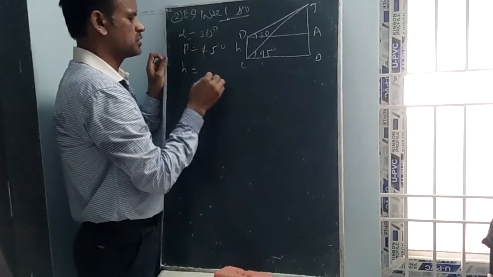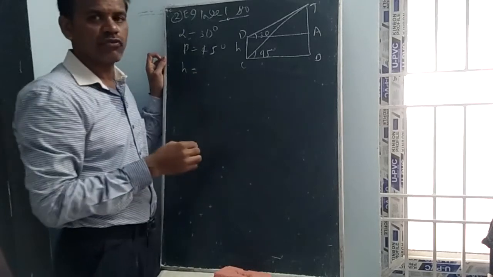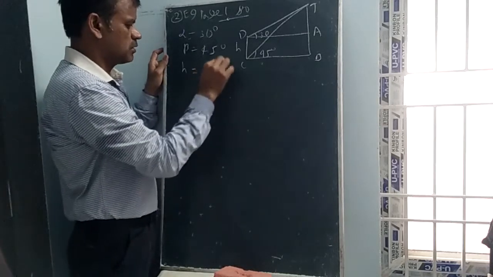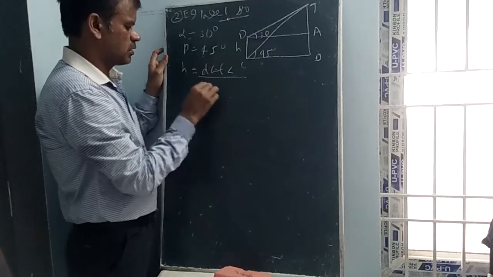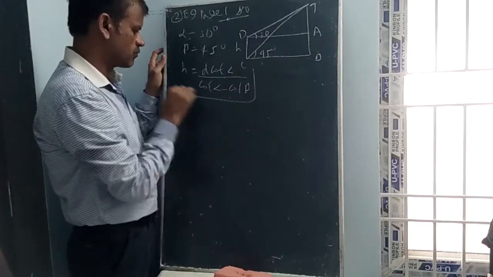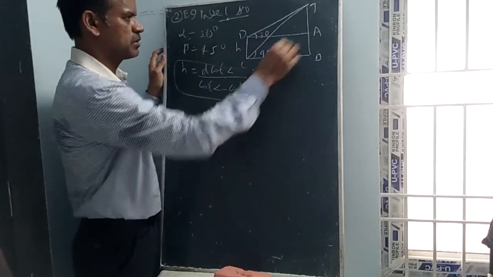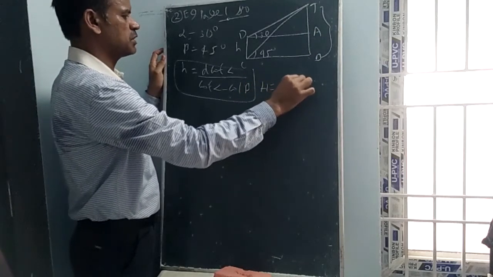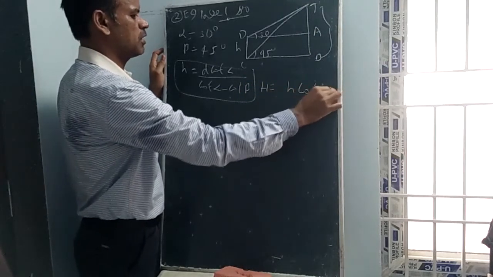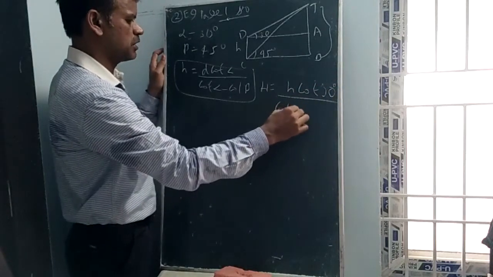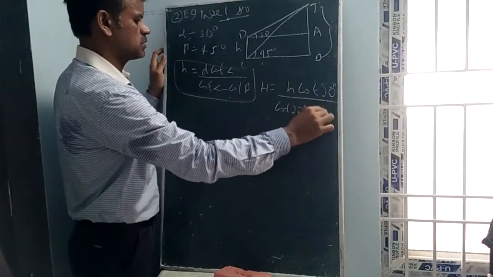Apply the formula: h is equal to d cot alpha by cot alpha minus cot beta. So this is the formula here, with h meaning capital H. Capital H is equal to h into cot 30 degrees by cot 30 degrees minus cot 45 degrees.